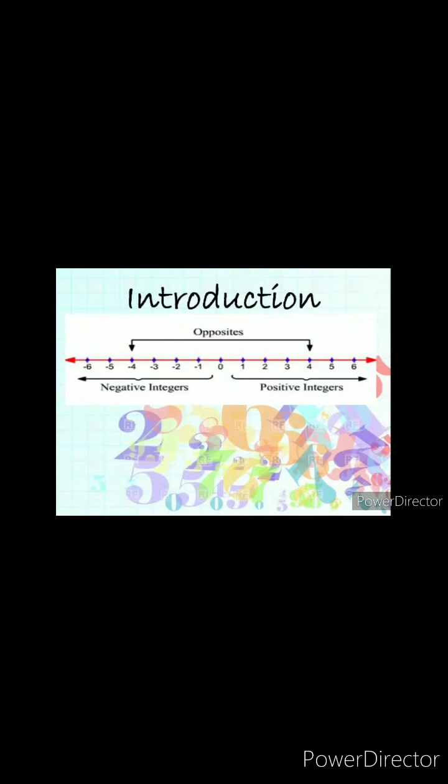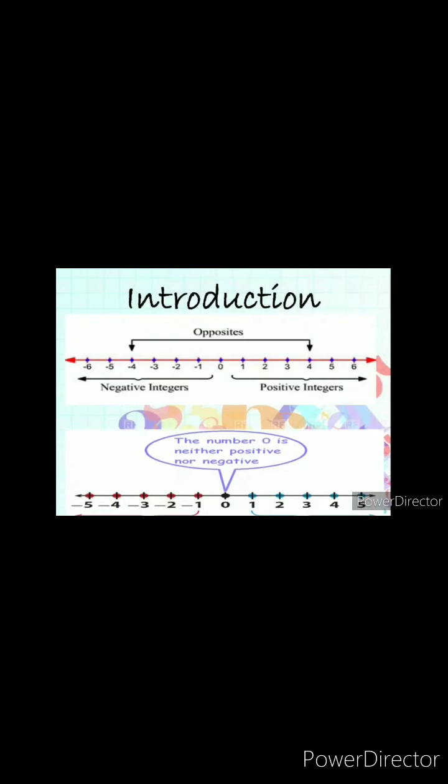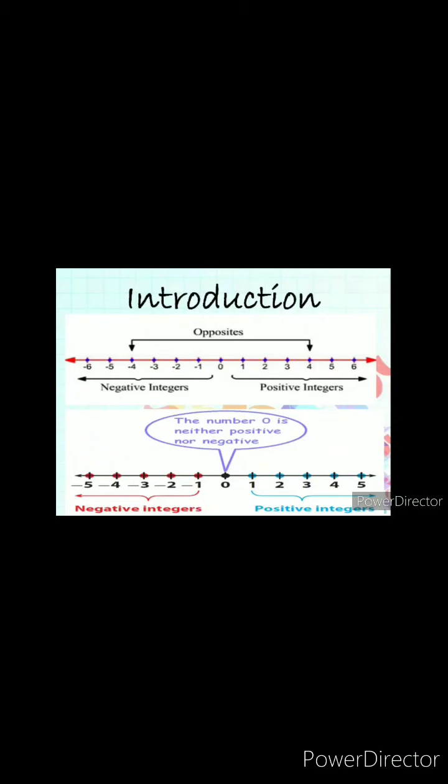For example, -4 is opposite of 4 and 4 is opposite of -4. -1 is opposite of 1. That's fine. What about 0? Oh, 0 is neither positive nor negative.